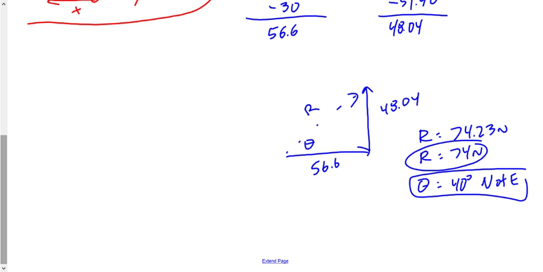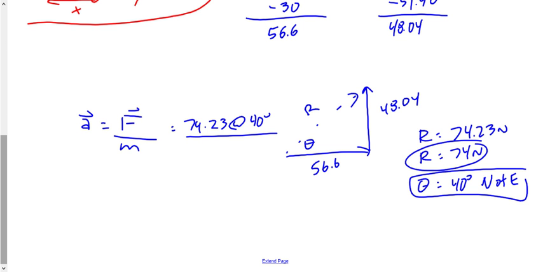All right, you want to find the acceleration. One more step here. You want to find a, what do you do? Divide the net force by the mass. We're going to say 74.23 at 40 degrees over the mass of, what was it, 10 kilograms?